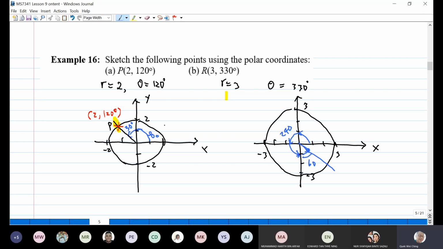So we have 270 plus another 60 here. Okay, so 270 until another 60.